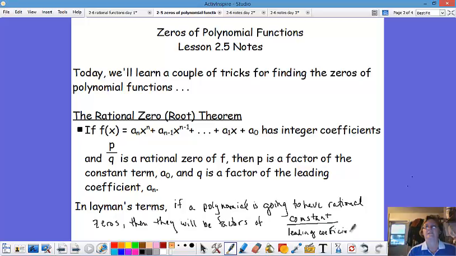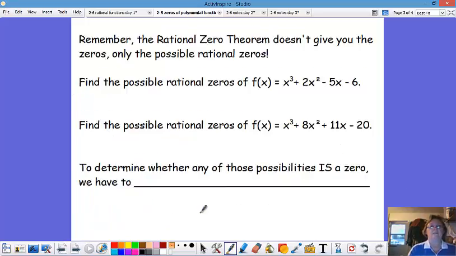Alright, let's see if we can see how that will play out. If a polynomial is going to have rational zeros, then they will be factors of constant over leading coefficient.